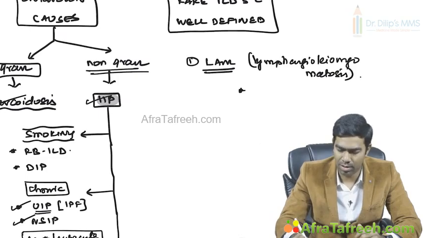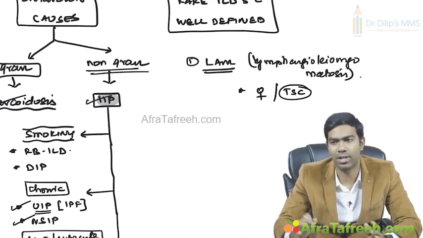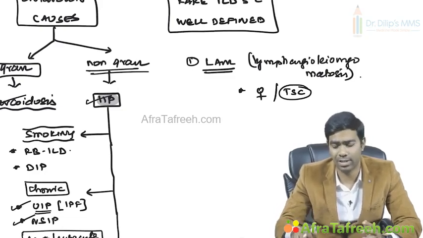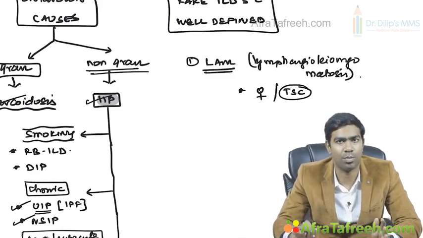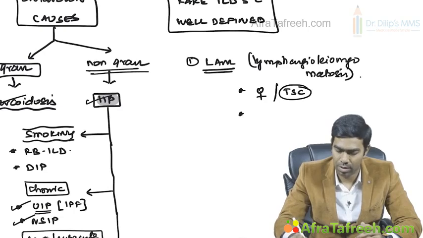Number one, you are going to get it typically in females, and most often it is due to mutation in the tuberous sclerosis gene. Even in congenital cases, or even patients with tuberous sclerosis, or even in sporadic cases, this TSC gene involvement is very important. Usually, the presentation will be in the mid-30s.